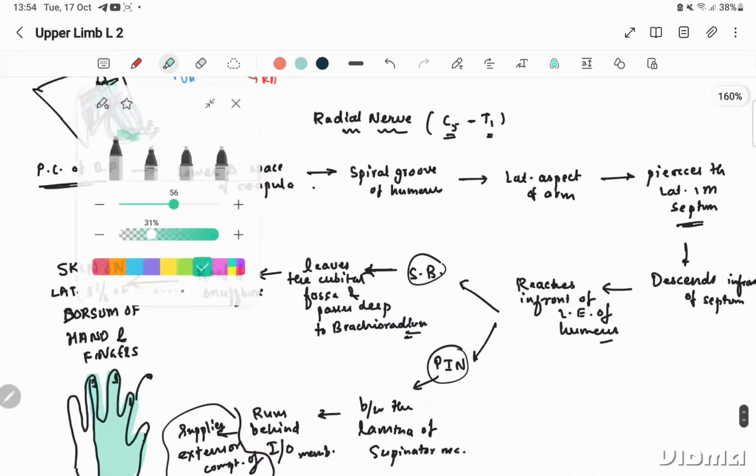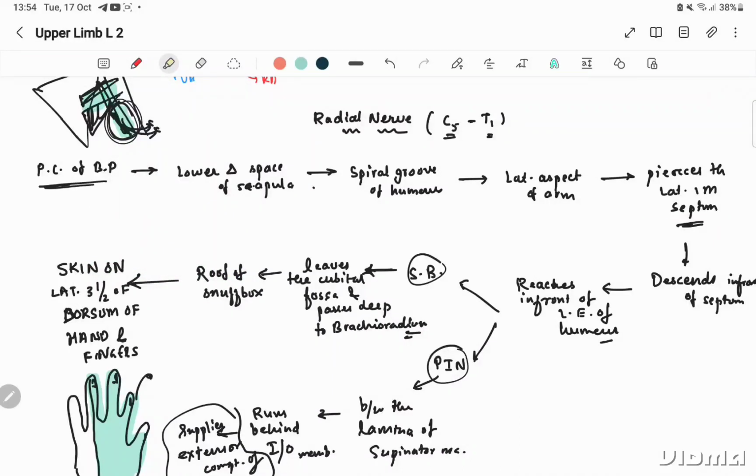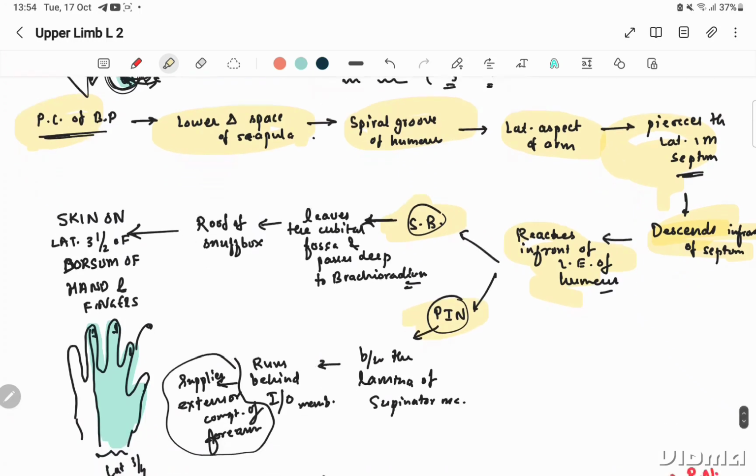If I quickly repeat the course of the radial nerve: posterior cord, lower triangular space of the scapula, the spiral groove, then to the lateral aspect of the arm, pierces the intermuscular septum, descends in front of the septum, reaches in front of the lateral epicondyle, and divides into superficial branch and PIN. The superficial branch leaves the cubital fossa by passing deep to the brachioradialis.